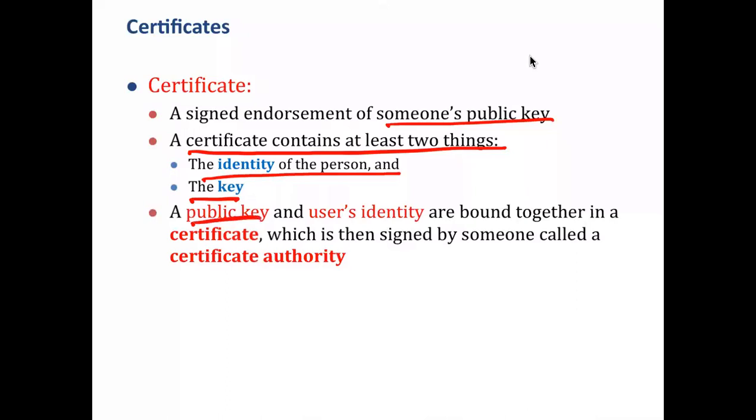So public key and user identity are bound together in a certificate, which is then signed by somebody called a certification authority.